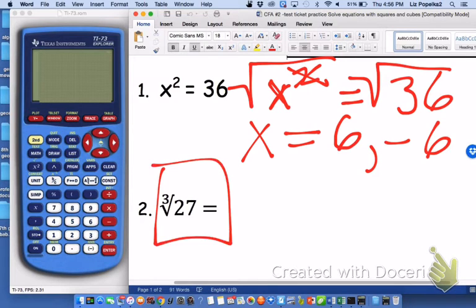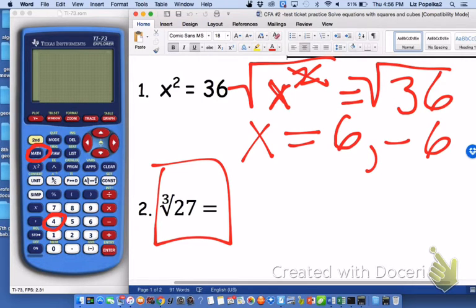Number 2 is pretty straightforward, we can do that on our calculator. It's asking us to find the cube root of 27. Remember, on our calculator, to find the cube root, you hit the math button, and then pick option 4. Let me go ahead and show you a little bit here.